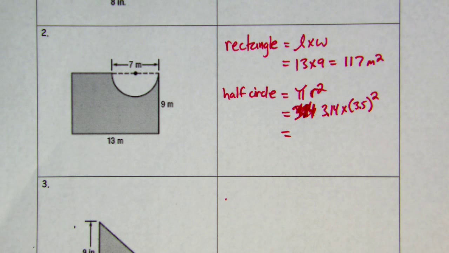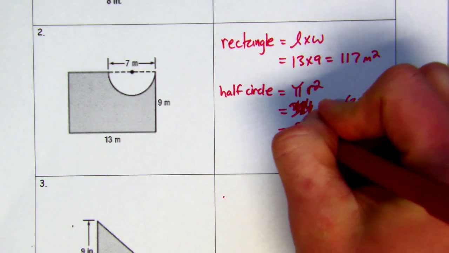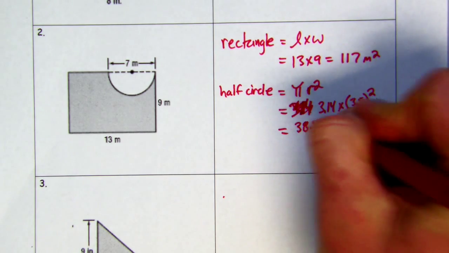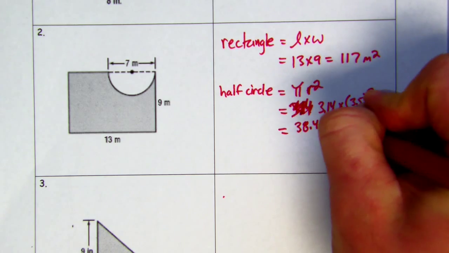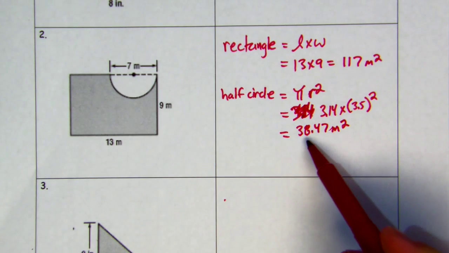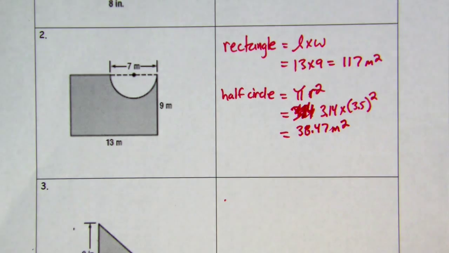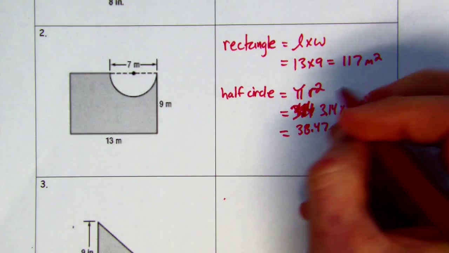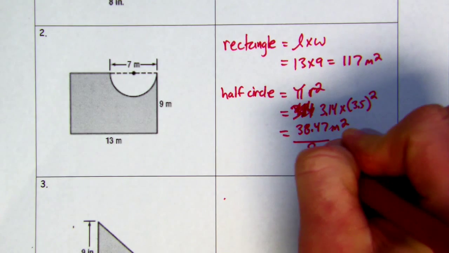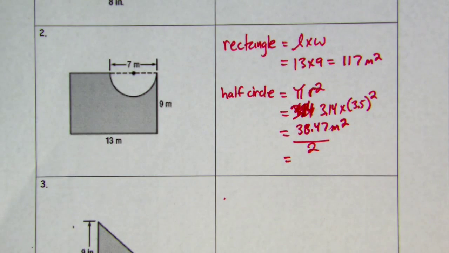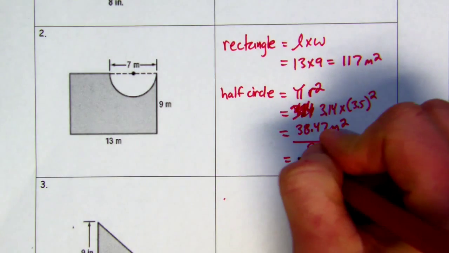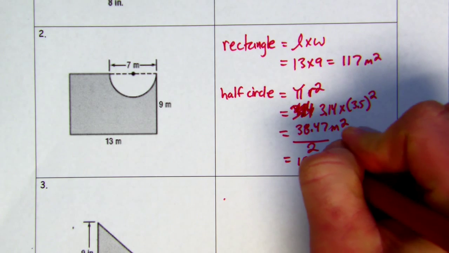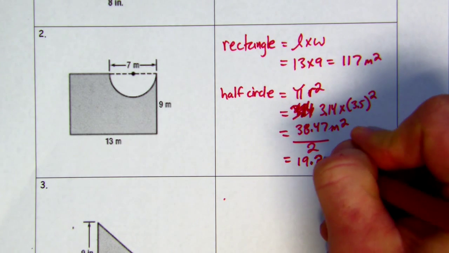And when I multiply it, I get an answer of 38.47, and that is meters squared. Now I'm not going to subtract this whole thing because that would be the area of an entire circle. That's only a half circle that's shown there. So I need to actually divide that by 2 first, and I get 19.23 or 19.24 we could say.